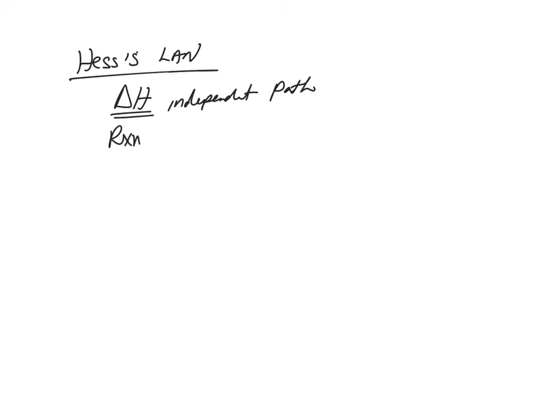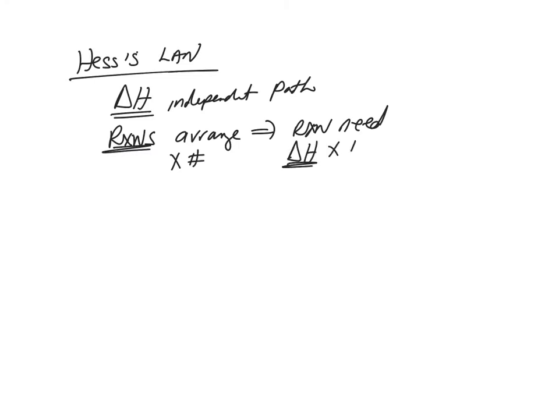When you apply Hess's law, you see lots of different reactions, and you can arrange them to give you the reaction you need. And sometimes you're going to multiply by a number, and then for your delta H that's associated with that reaction, you need to multiply that also by that number. Sometimes you're going to switch the reaction around, and then you'll need to change the sign for your delta H.